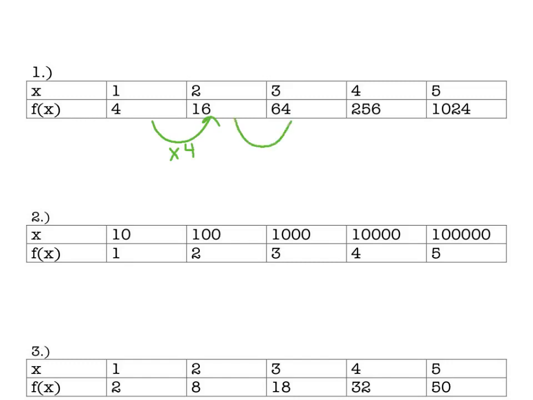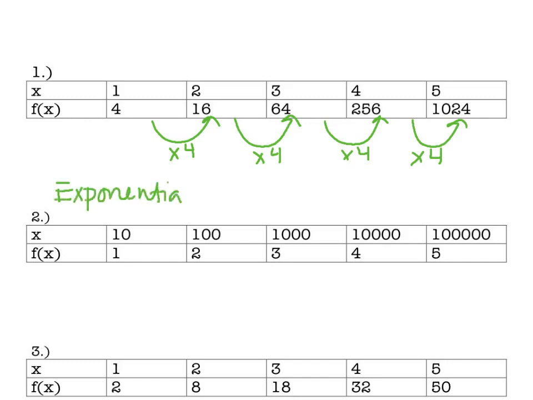And that works to get from 16 to 64, and to 256, and to 1024. Now, because I'm multiplying by that constant amount every single time, this is going to be an exponential function.